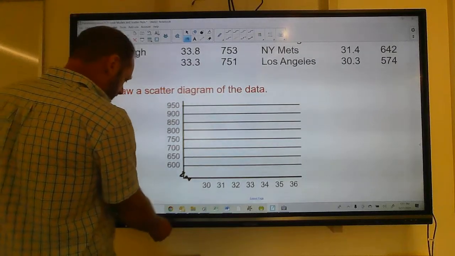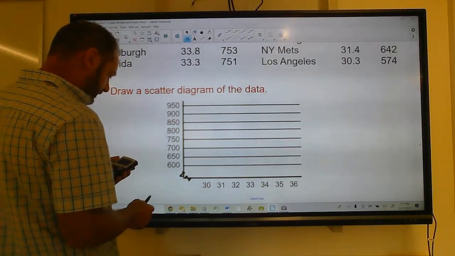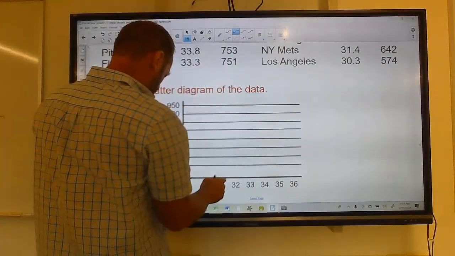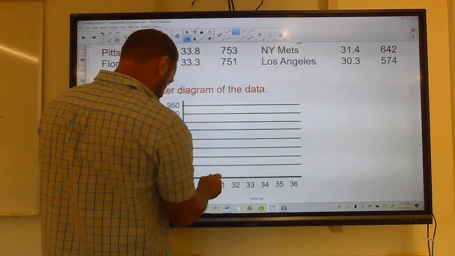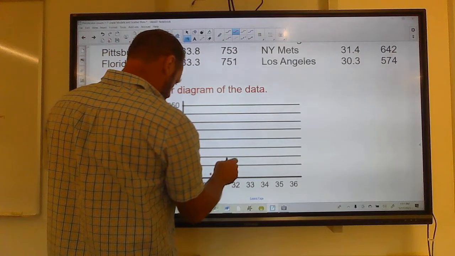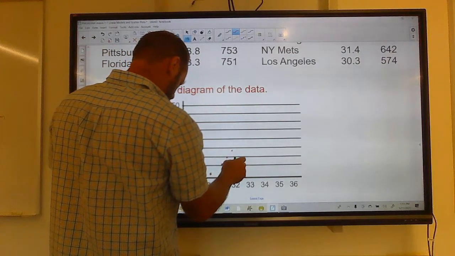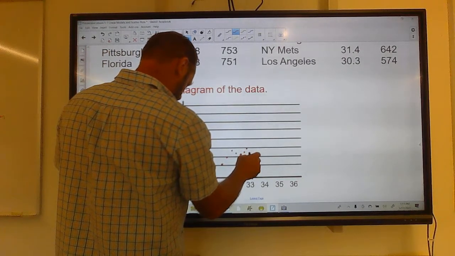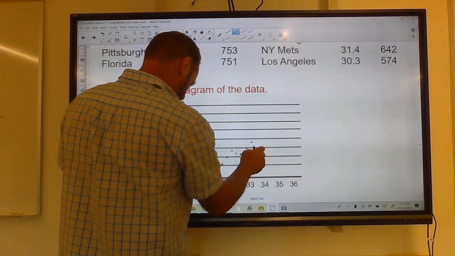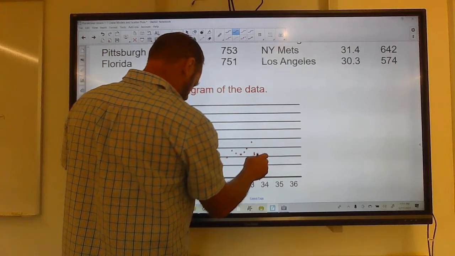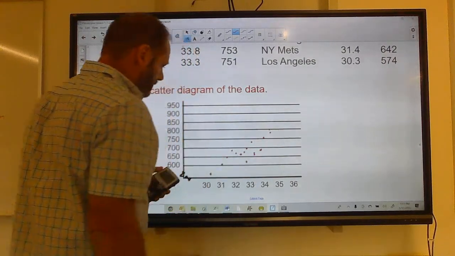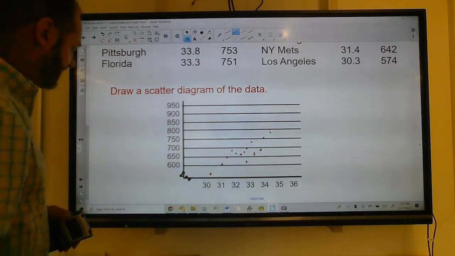It's going to look kind of like this. And there you've got a scatter plot.